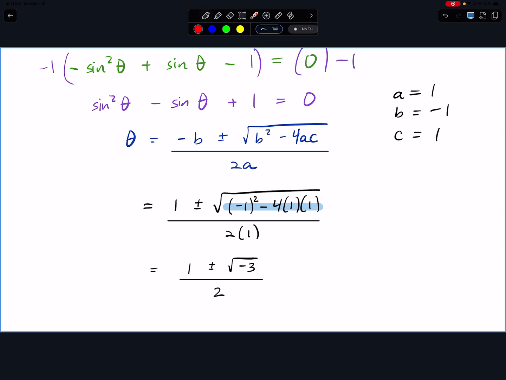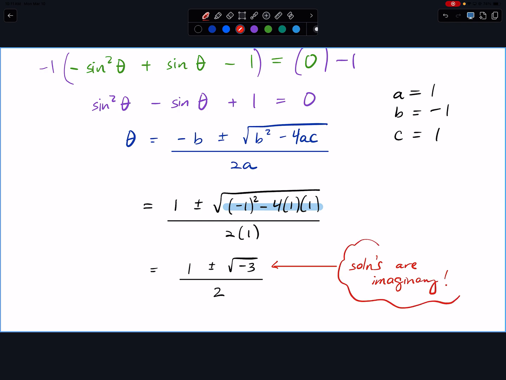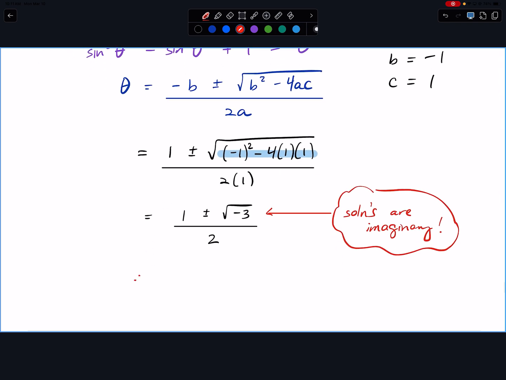No. So this means the solutions are imaginary, which means, therefore, this equation has no real solutions.